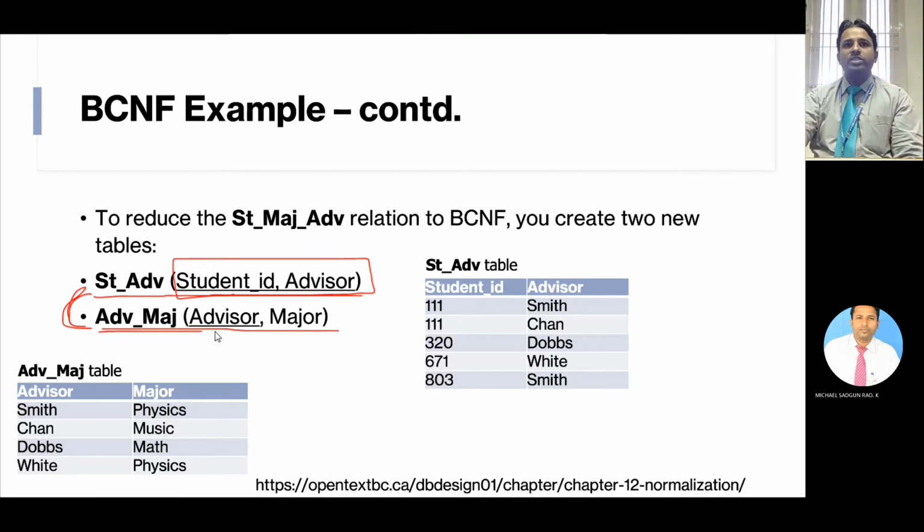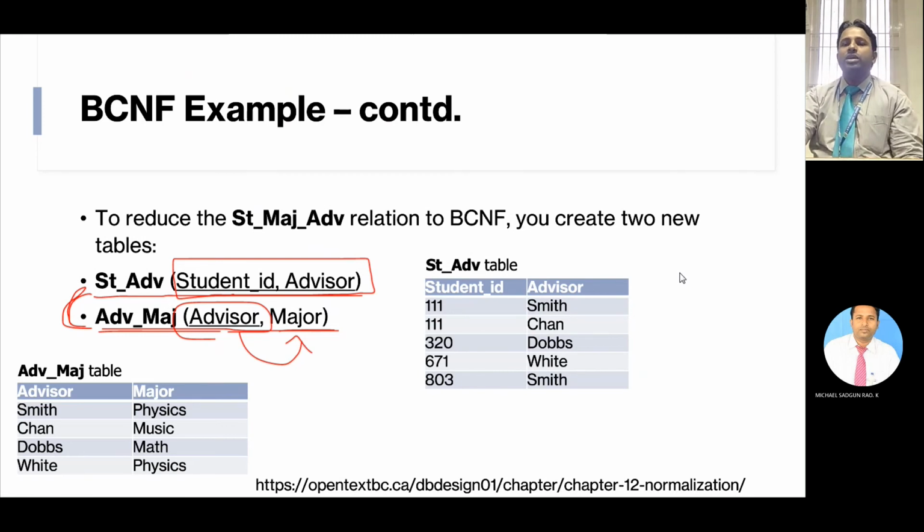In advisor major, advisor is the primary key and major is a non-key attribute, and there is a functional dependency between advisor and major where the determinant is the candidate key, so it follows BCNF. In the first relation the entire thing is a primary key, so it also follows BCNF. Likewise, we can obtain a relation in BCNF like this.